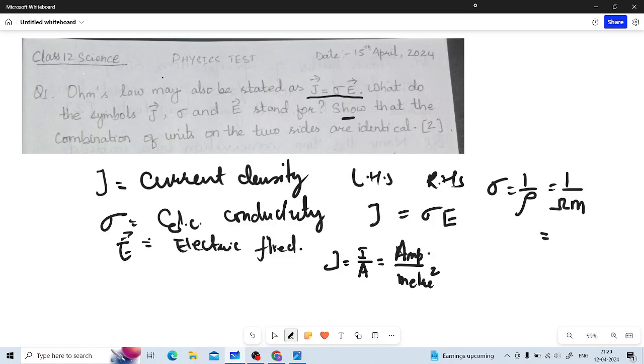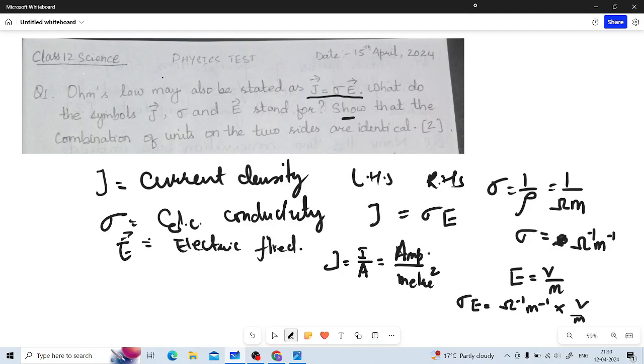So the unit for conductivity will be reciprocal of this, per ohm per meter, and E can be expressed as volt per meter. So if we multiply sigma and E, we get per ohm per meter into volt by meter.